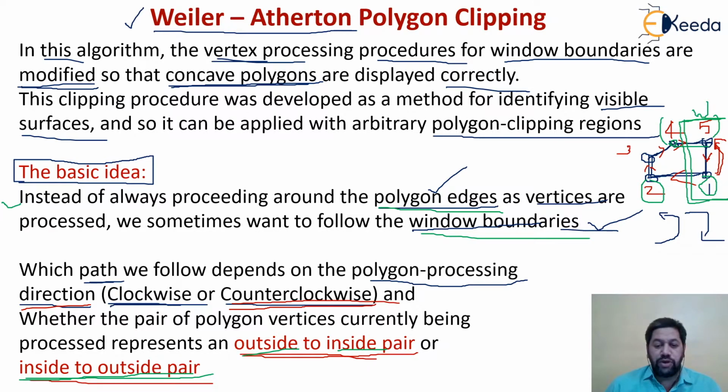Second, we are going to consider the polygon processing direction, whether it is clockwise or counterclockwise. Third, we are going to consider whether the polygon vertex pair represents outside to inside or inside to outside. So these are the three points considered in the Weiler-Atherton polygon clipping algorithm.